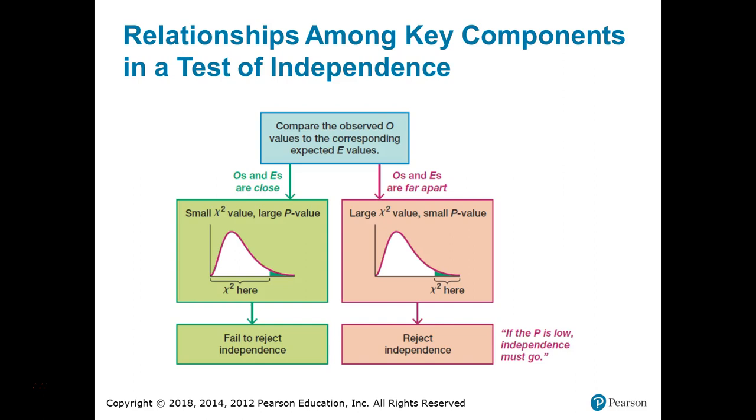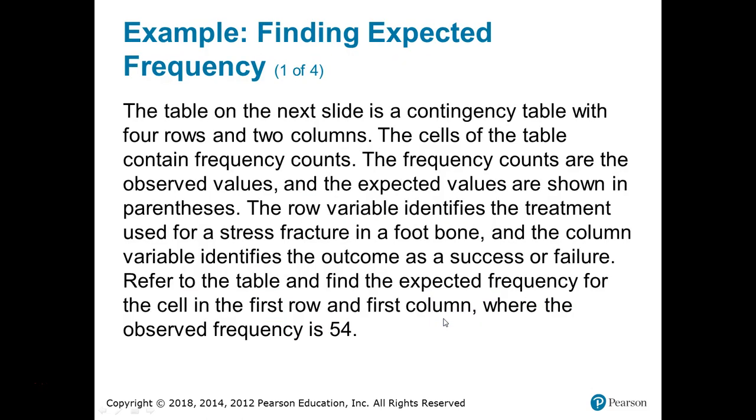A very similar chart appeared in chapter 11, section 1. If the O's and the E's are close, we have a large p-value, and the conclusion is we fail to reject independence. If the O's and E's are far apart, we reject independence.